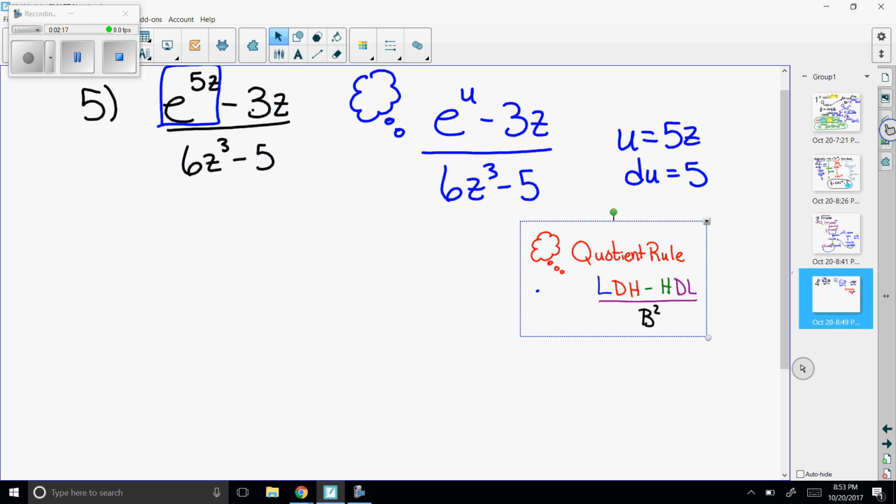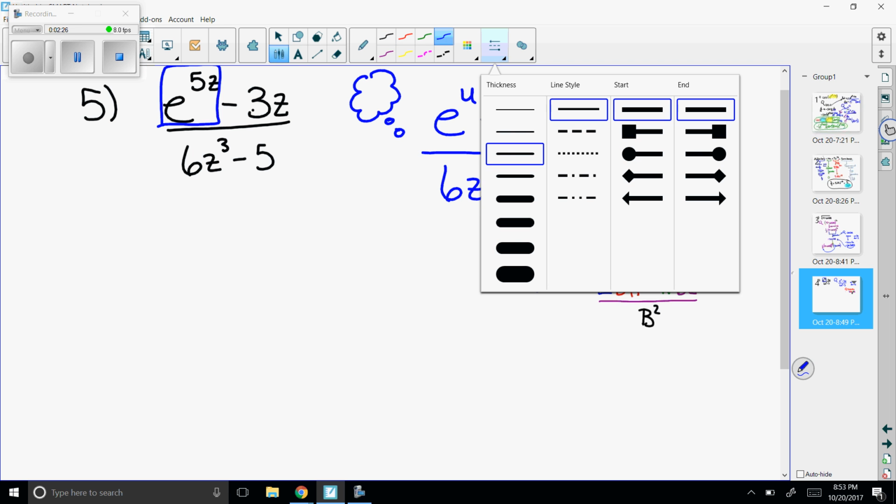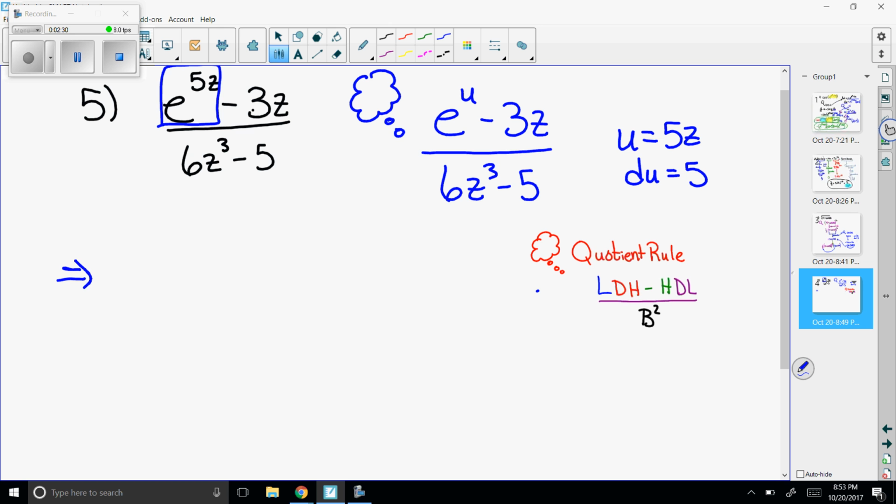So the first thing we have is low. In my quotient rule, the L stands for low, so I'm going to put the low, which is 6z cubed minus 5.